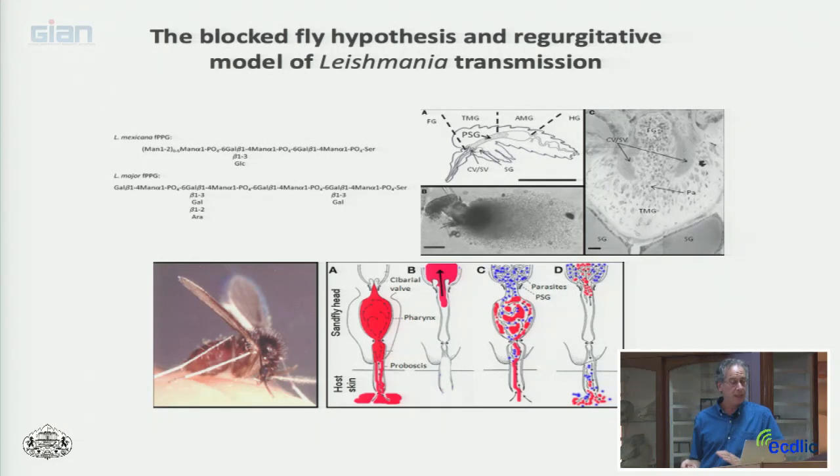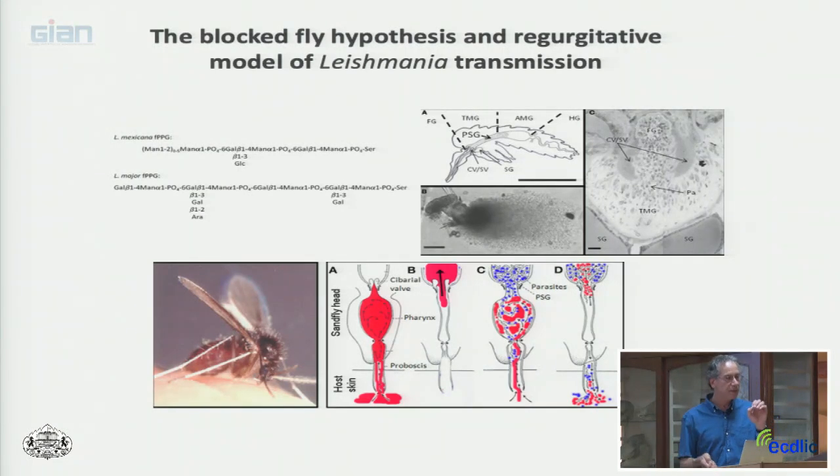I have to tell you, there's no conclusive evidence what goes on, but the best idea is this blocked fly hypothesis, that this massive accumulation of parasites behind this valve disrupts the normal feeding behavior of the fly. And it blocks the normal passage of blood into the midgut.